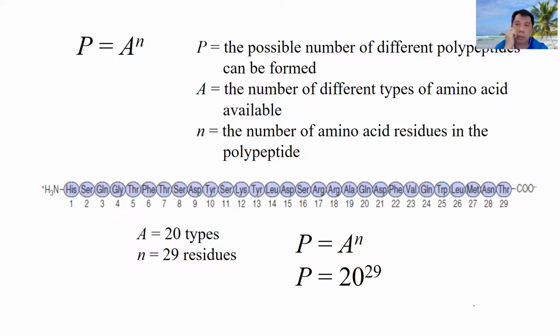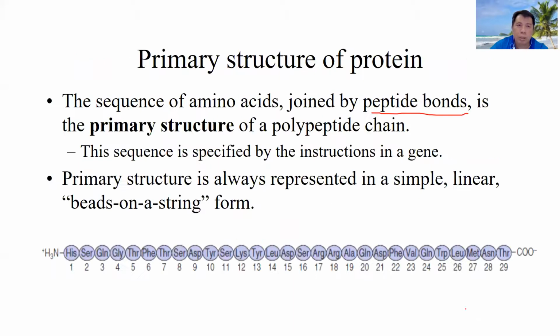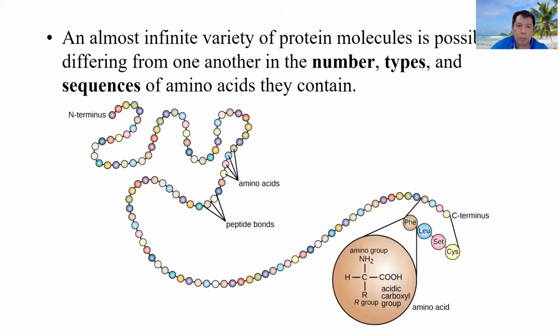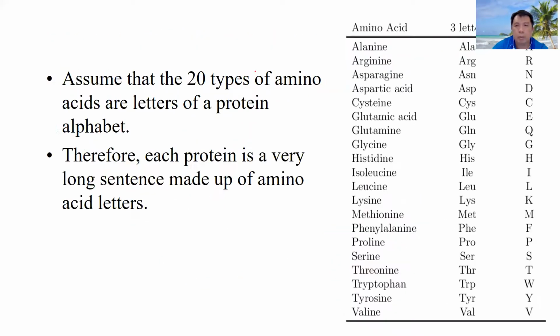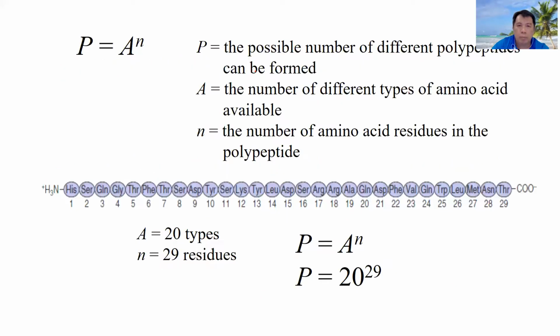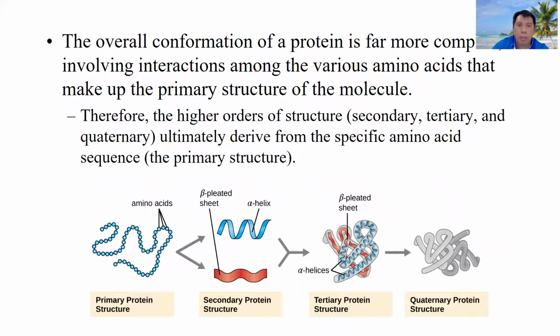So from here you already know, as we mentioned just now, that an almost infinite variety of protein molecules is possible. The overall conformation of a protein is far more complex.